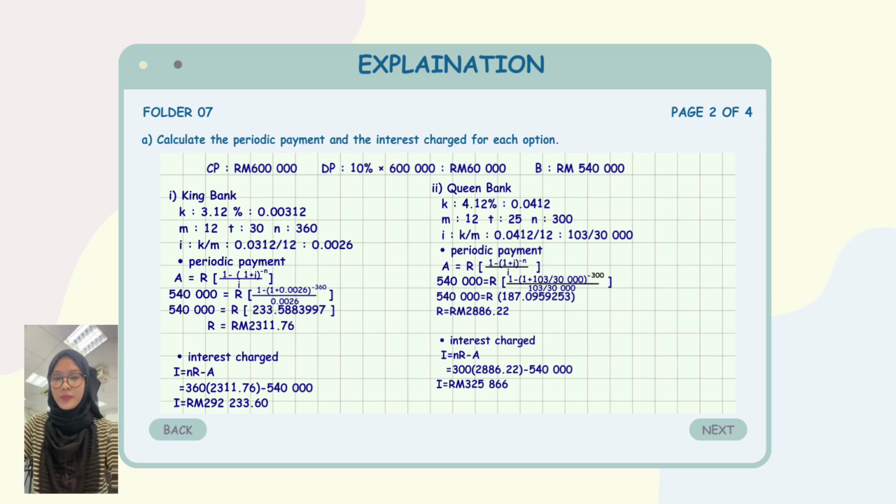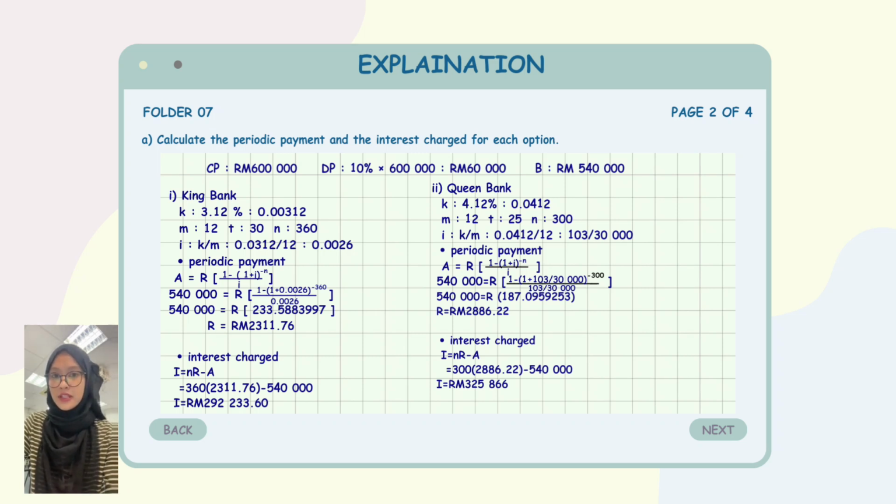You have to substitute the information into the formula. The second is Queen Bank, where K is 4.12%, M is 12, T is 25, and N is 300. I equals K over M, which is 0.0412 over 12. And the periodic payment, which is A equals R in bracket 1 minus in bracket 1 plus I in bracket power of negative n over I in bracket.